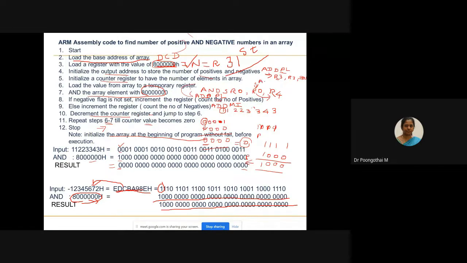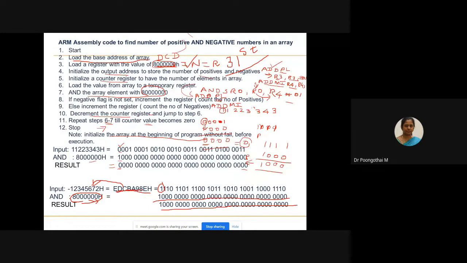If the number is negative, ADDMI R4, R4, #1. After the AND operation, if the number is positive, this instruction will get executed and R3 will be incremented by 1. If the condition is false, this will get executed and R4 will be incremented by 1. So in this way, we can identify the positive and negative numbers.